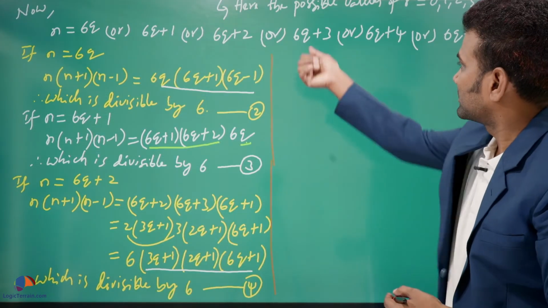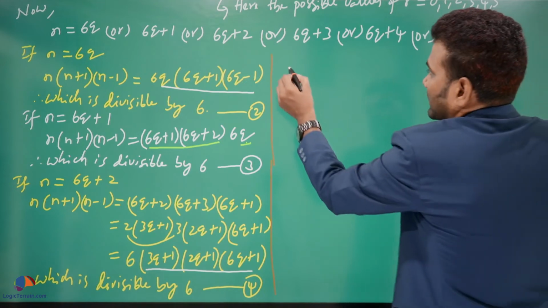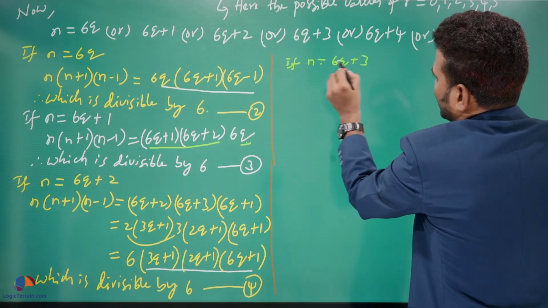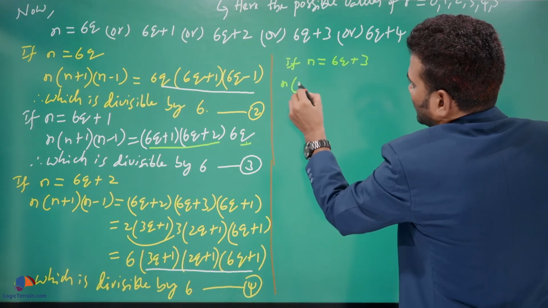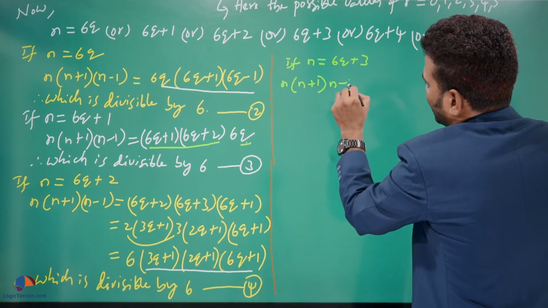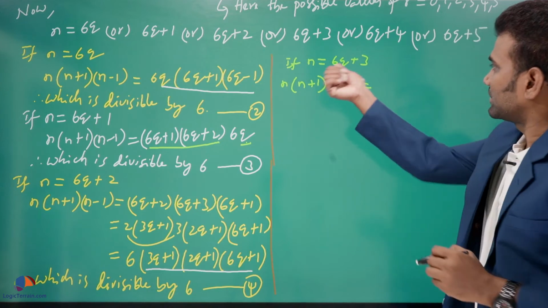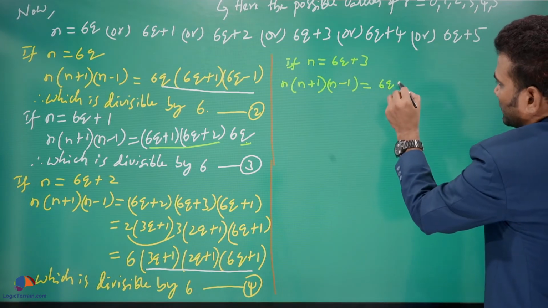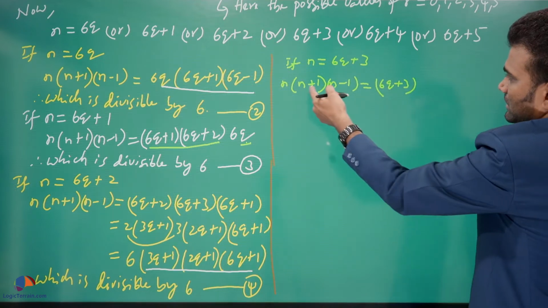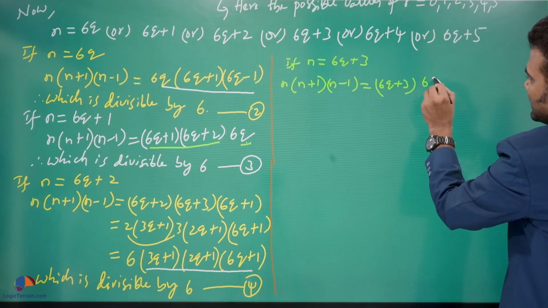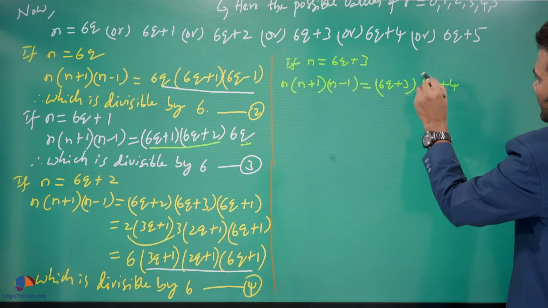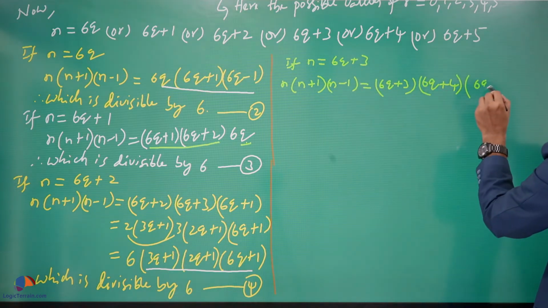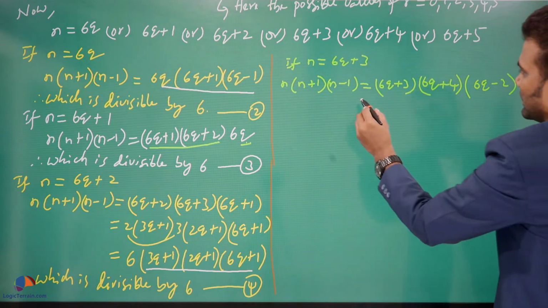Now we'll take 6q plus 3. If n equals 6q plus 3, then n into n plus 1 into n minus 1 becomes, replace n by 6q plus 3, 6q plus 3 into 6q plus 3 plus 1, 6q plus 4, into 6q plus 3 minus 1, then 6q plus 2.